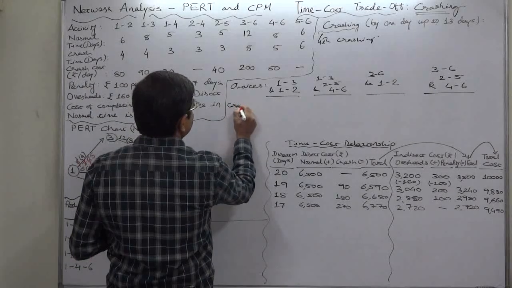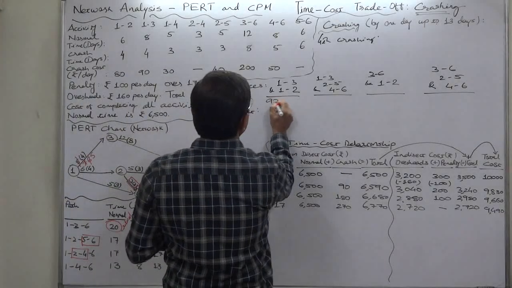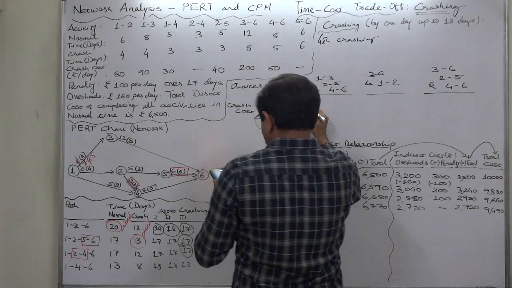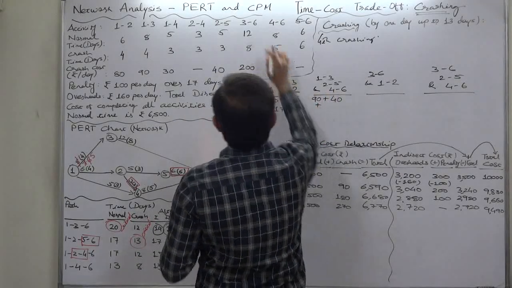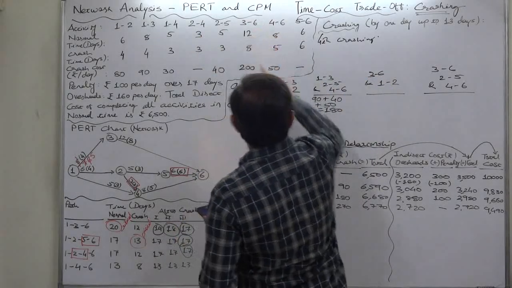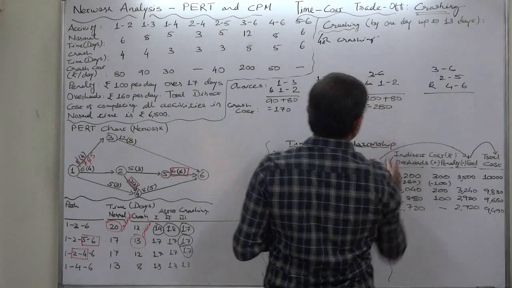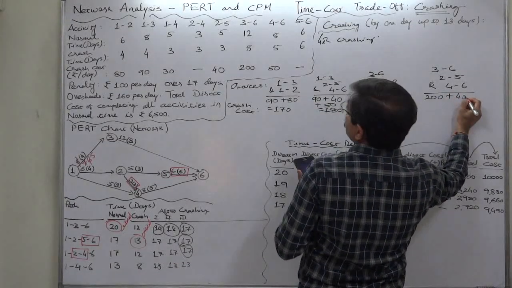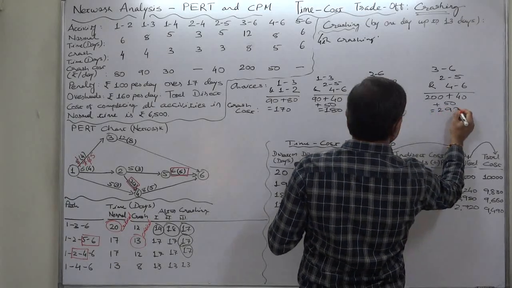Ultimately the selection will be based on crash cost. 1-3, 90 plus 1-2, 80, so the total cost comes to 170. 1-3, 90 plus 2-5, 40 plus 4-6, 50, so it comes to 180. 3-6 is 200 plus 1-2 is 80, so it comes to 280. 3-6, 200 plus 2-5, 40 plus 4-6, 50, so it comes to 290.